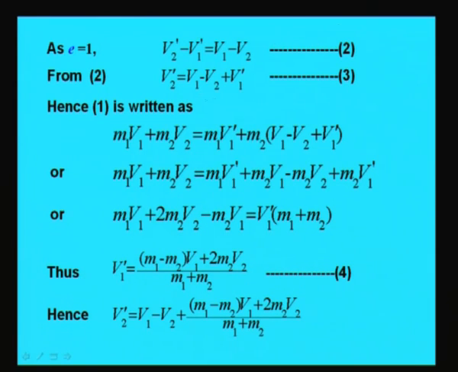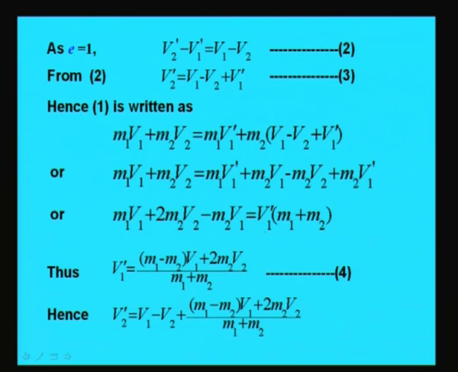Hence, we can write the momentum balance: M1 V1 plus M2 V2 is equal to M1 V1 prime plus M2 (V1 minus V2 plus V1 prime). We have substituted all these things, so M1 V1 plus M2 V2 is equal to M1 V1 prime plus M2 V1 minus M2 V2 plus M2 V1 prime.